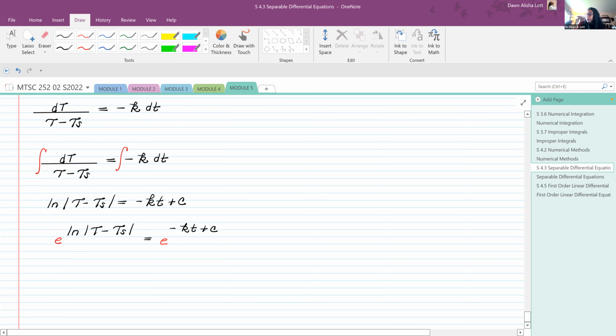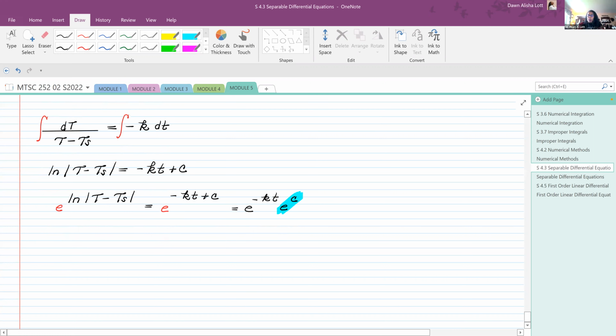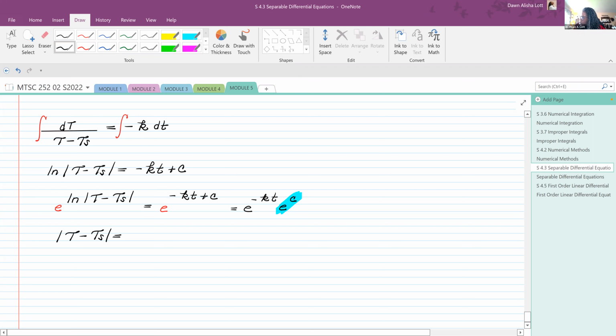Now remember from before, we can split this as e to the negative kt times e to the C, and then this e to the C, we let that be its own constant. So we get the absolute value of T minus Ts is going to equal constant A times e to the negative kt.